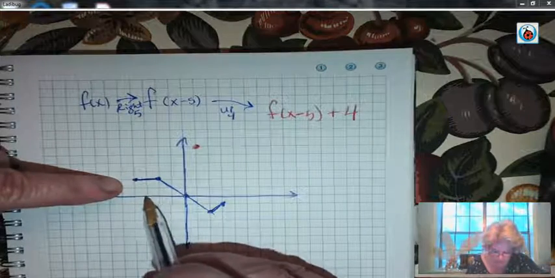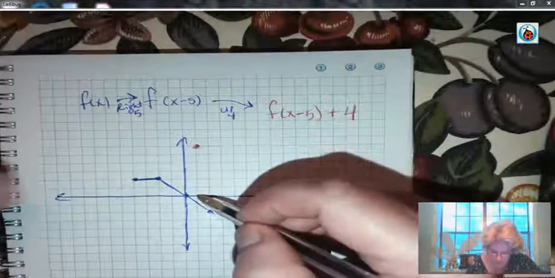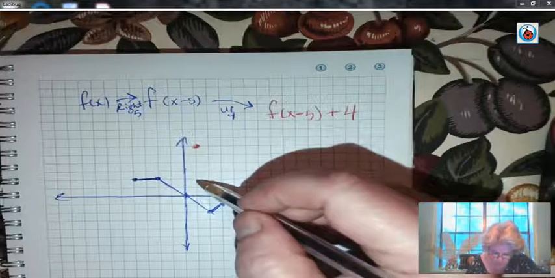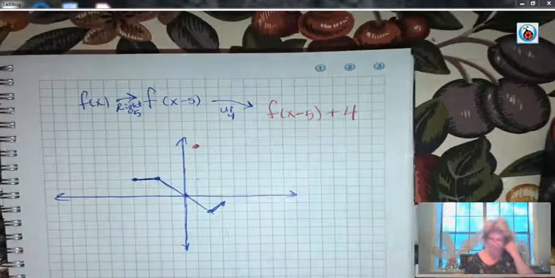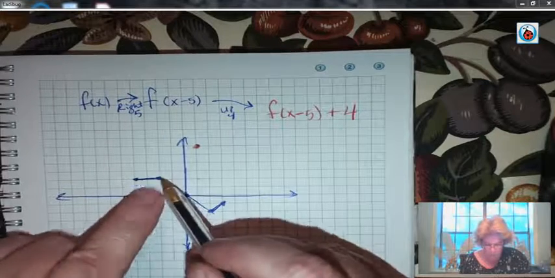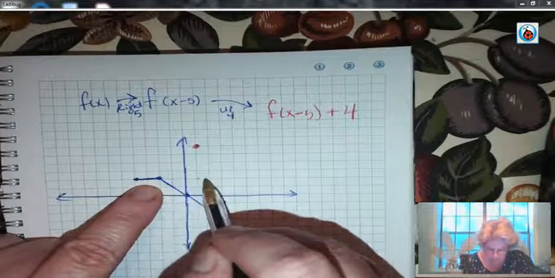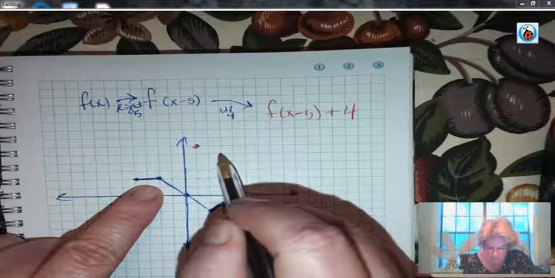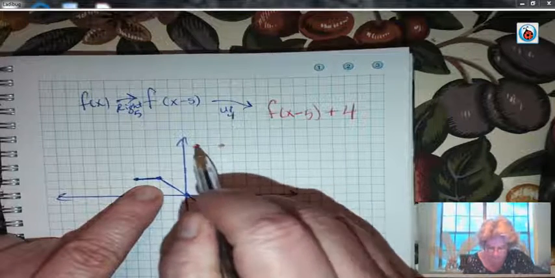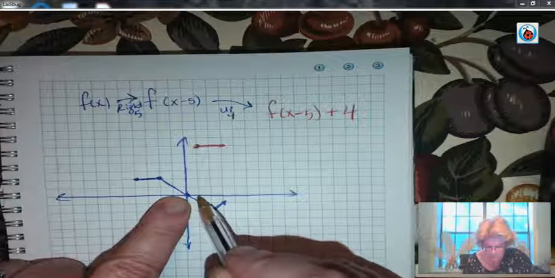So 1, 2, 3, negative 4, 2 is now 1, 6. Okay. I'm not going to label them. Where does this point go? It'll go right 5 and up 4. 1, 2, 3, 4, 5, and 1, 2, 3, 4. This will go right 5 and up 4.